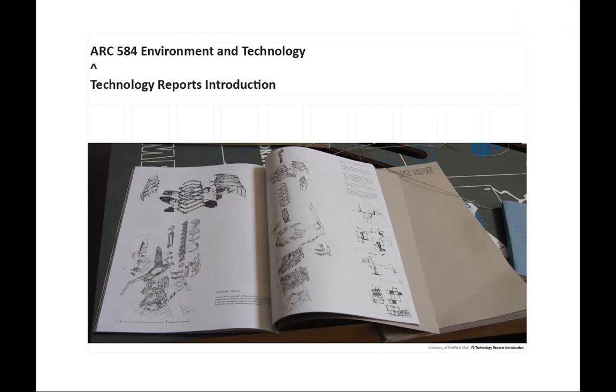But just to point out, and it says it very clearly in the module handbook, you need to print out an A3 version for your end of year exams, okay? That's because the internal examiners and the external examiners will not be able to access your digital report during the examination process.